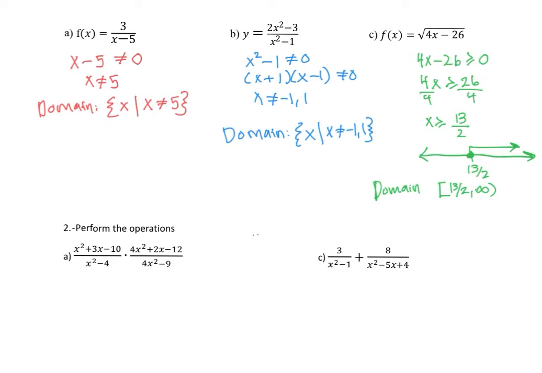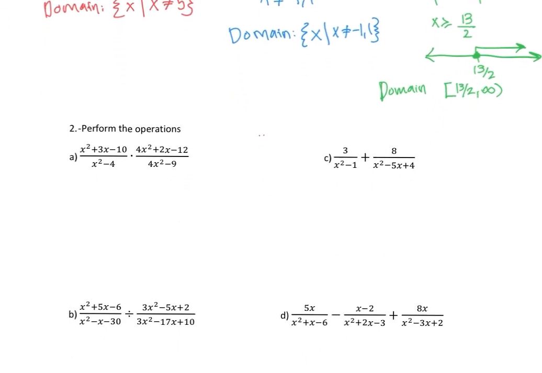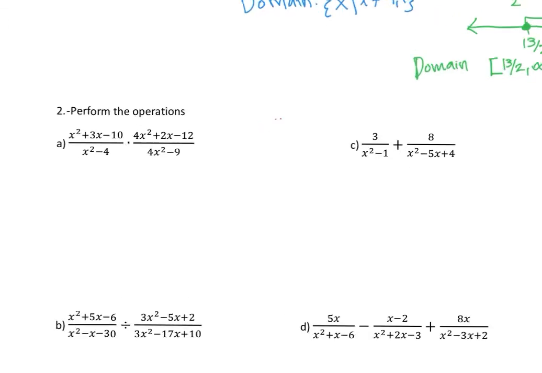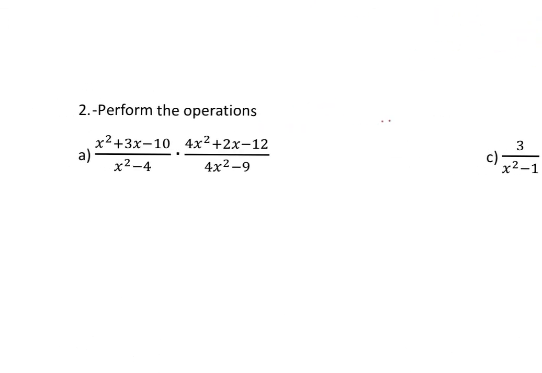The next question just tells us to perform the operations. So if we're going to perform the operations, let's take a look. The first one is a multiplication. So what we want to do with multiplication and division is that we need to factor everything all the way out. So here I'm going to factor the numerator.